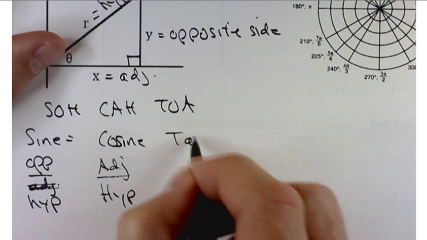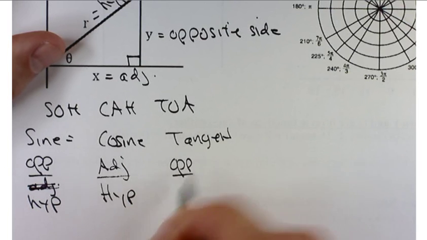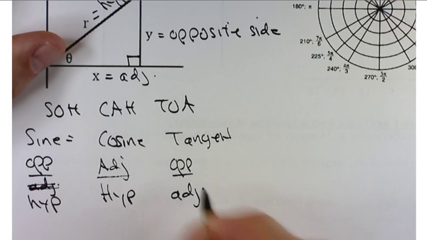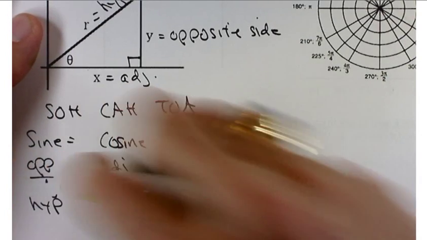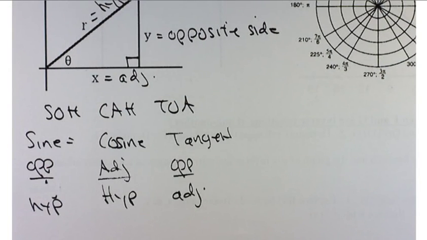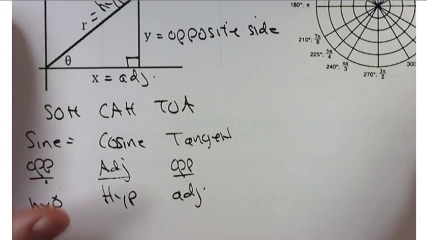And the tangent is opposite over adjacent. All right, so those are some of your basic trig functions, and a good way to work with these when you're working with right triangles.